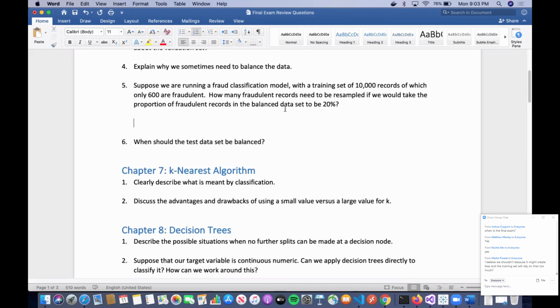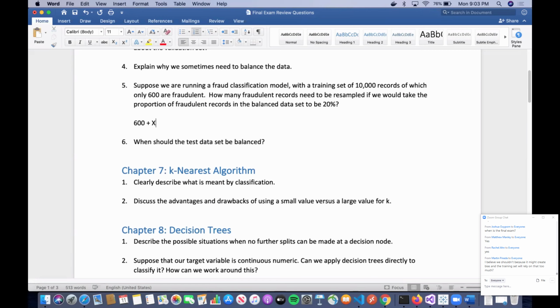So if we want to resample the data to comprise 20% of the training set, then we will have to leverage the following equation, where we know the total number of fraudulent records will be 600 plus x. We don't know what x is. x is what we're trying to sample, right?